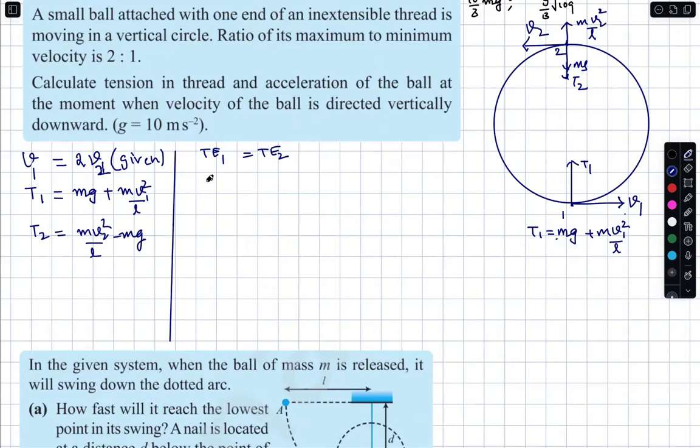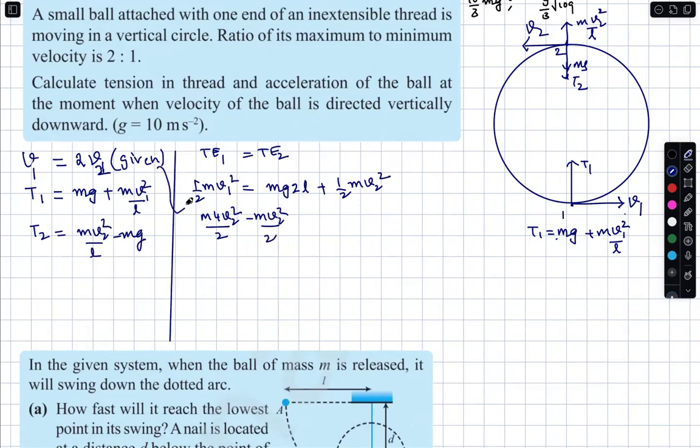Now total energy at 1 is simply half m v1 square. Total energy at 2 is mg 2l plus half m v2 square. But you have given v1 as 2v2. So m 4v2 square by 2 minus mv2 square by 2 equals 2mgl.